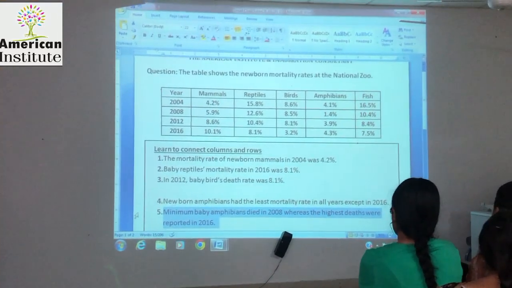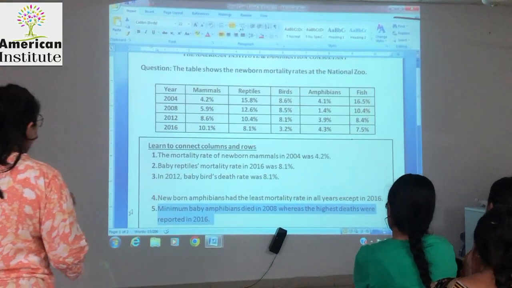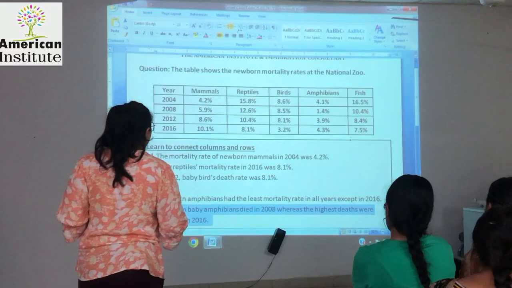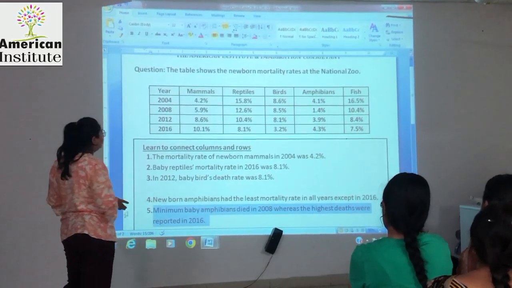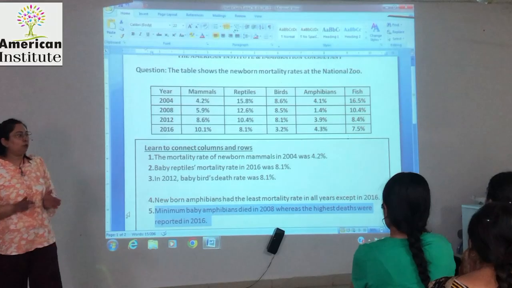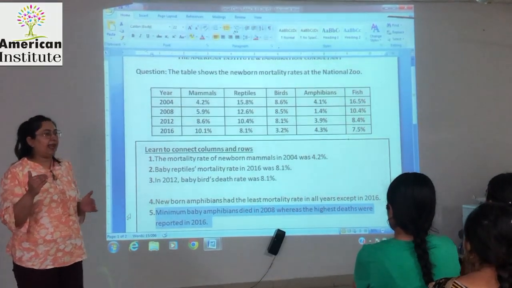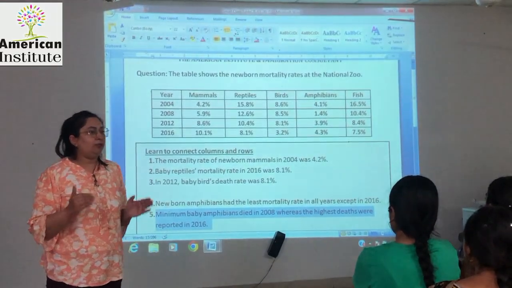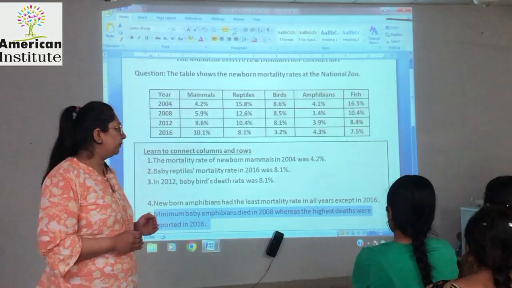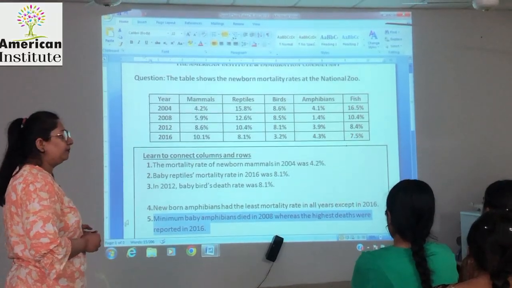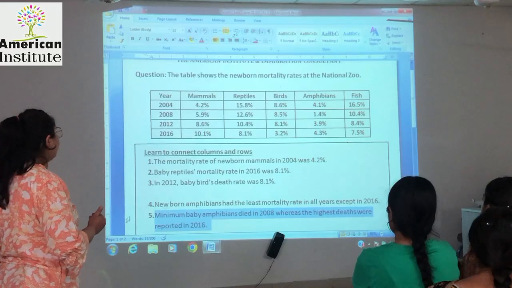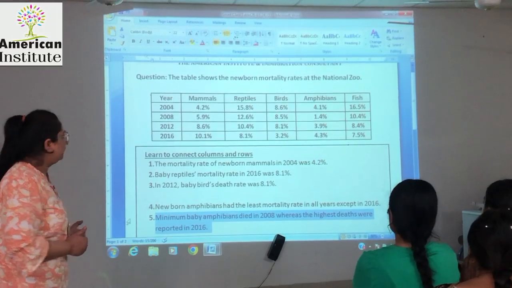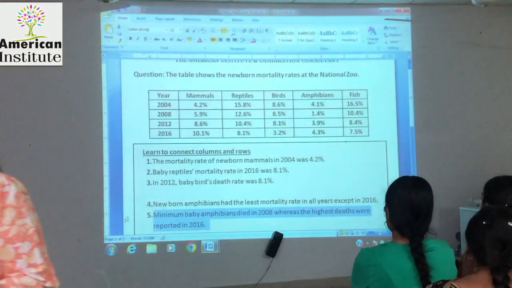We will write: minimum baby amphibians died in 2008, whereas the highest death rate was reported in 2016. So as it is, you can compare the least and the highest values with the whereas structure. Okay beta, is this clear to you? Yes, ma'am. If there are highest or lowest rates, you can compare them with the whereas structure.